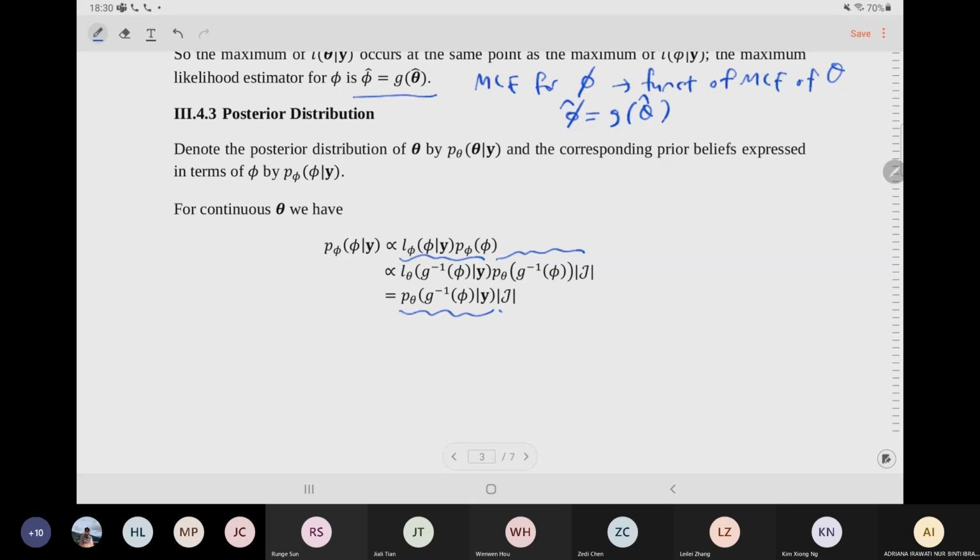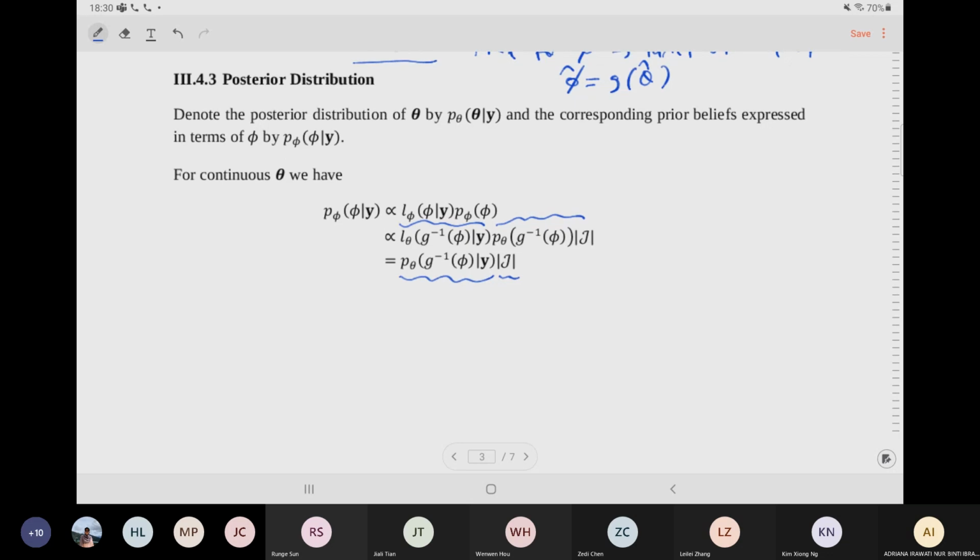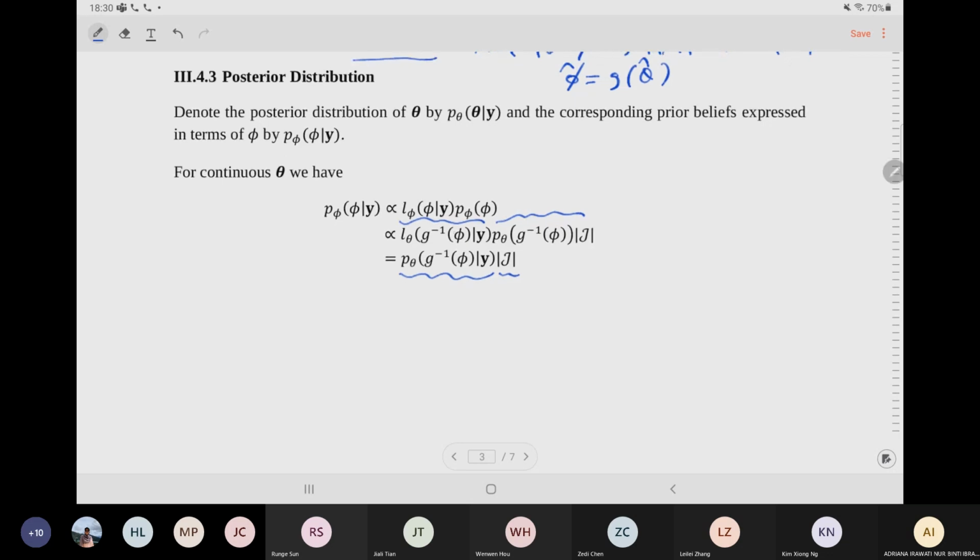This is where, I say, there are two ways for you to do the transformation. You either transform the likelihood separately and then transform the prior, or you can transform the posterior itself after you obtain the posterior of theta given y. Both are actually correct, and should give you the same answer. The difference in the method is, as I said before, that the likelihood is easier to transform because it's invariant.